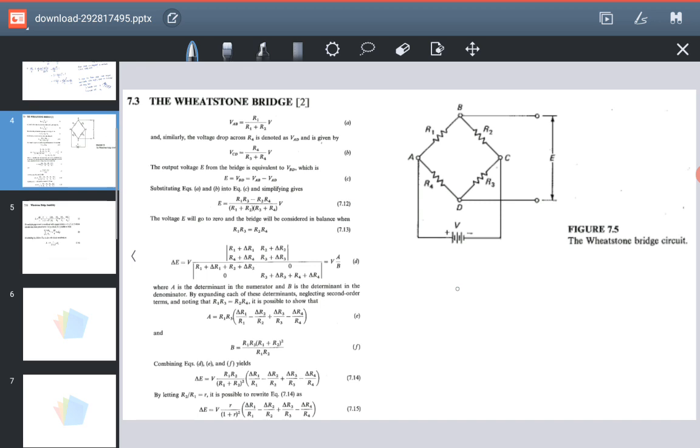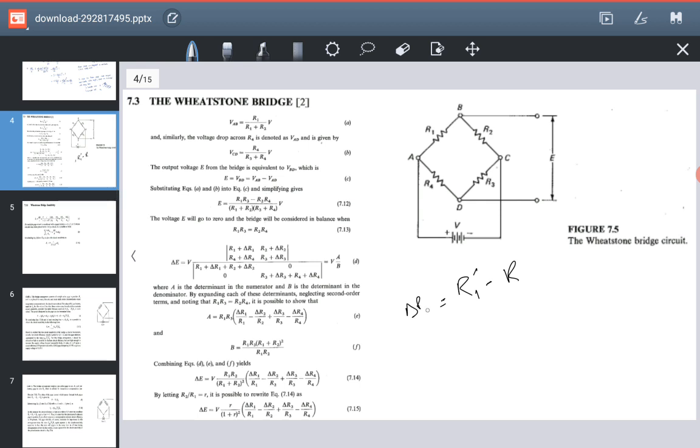However, let us assume that under certain conditions we have a new resistance R1 dash minus R1, so it will be delta R1. So R1 dash will be equal to delta R1 plus R1.